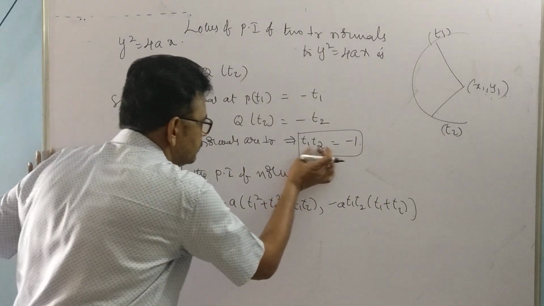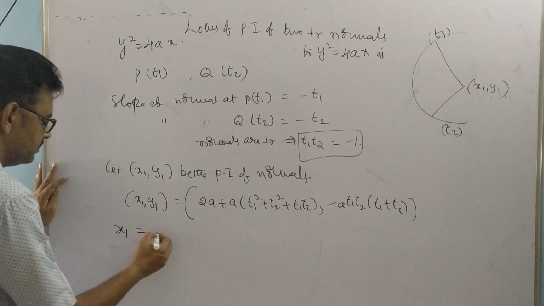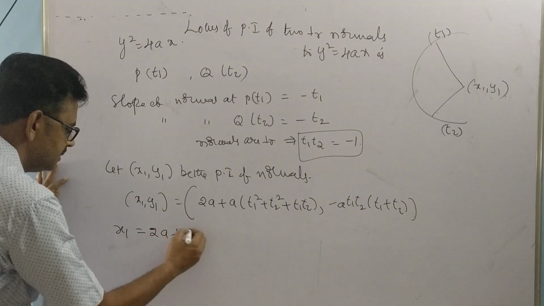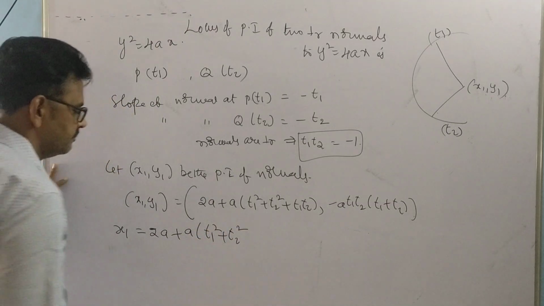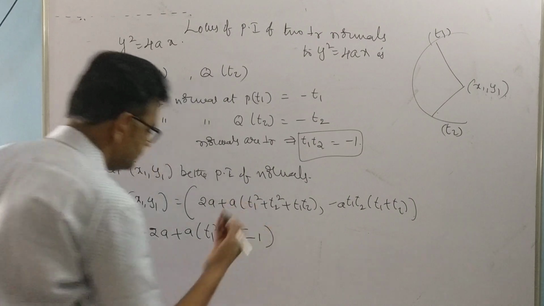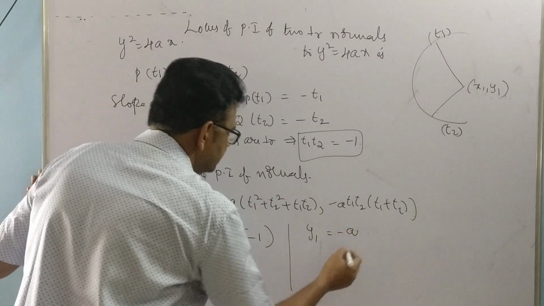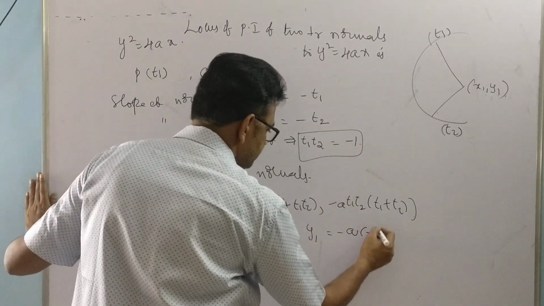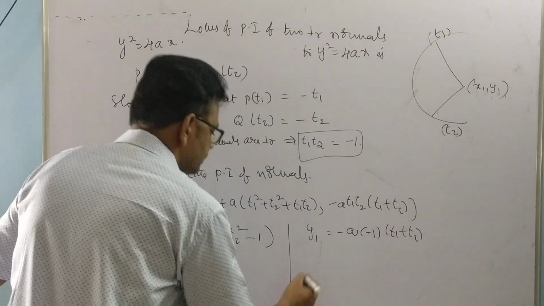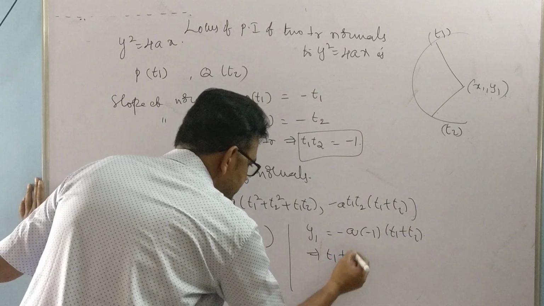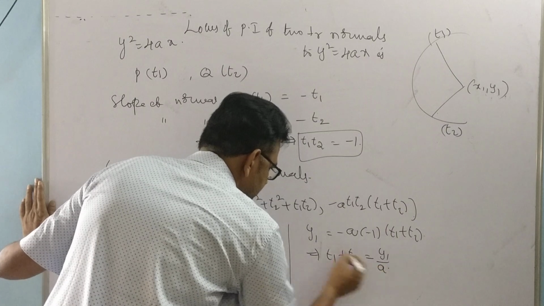Now t1 t2 is equal to minus 1. Therefore x1 is equal to 2a plus a into t1 square plus t2 square, t1 t2 is minus 1, and y1 is equal to minus a t1 t2, which is minus 1, into t1 plus t2. That implies t1 plus t2 is equal to y1 by a.